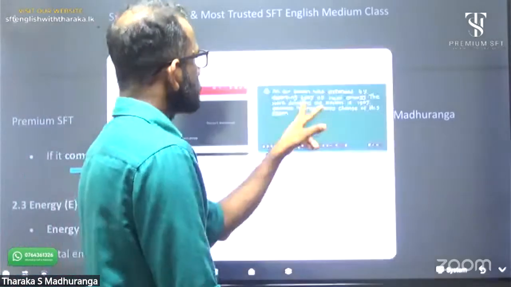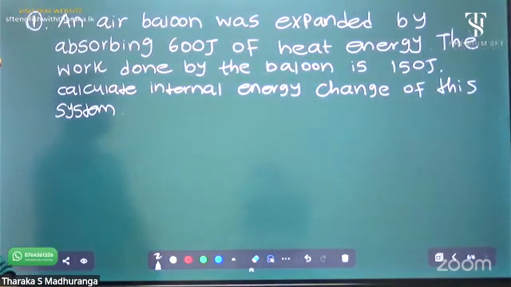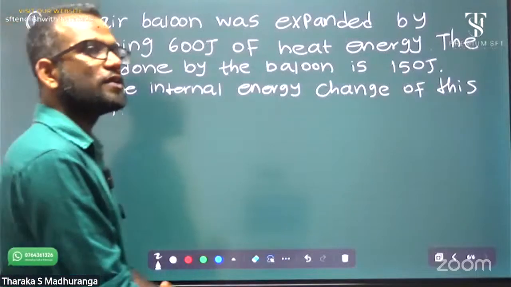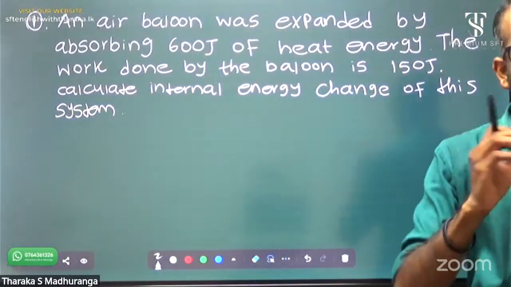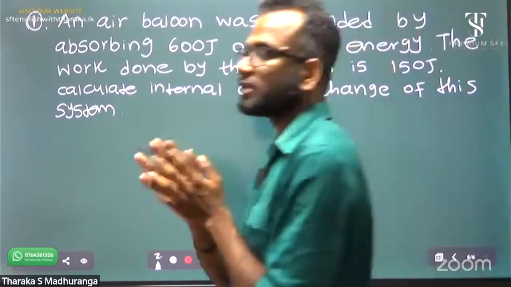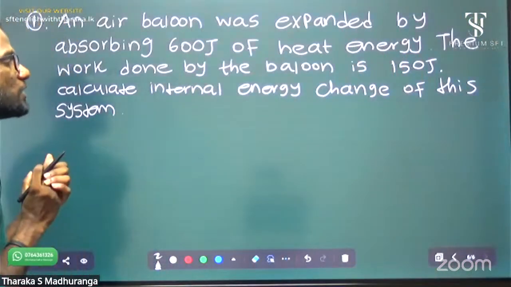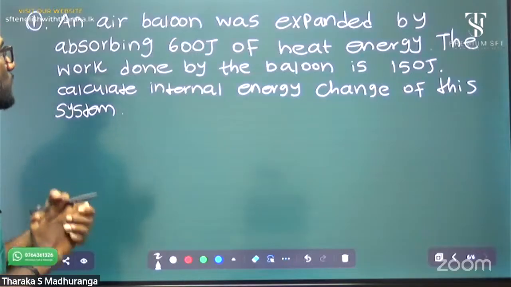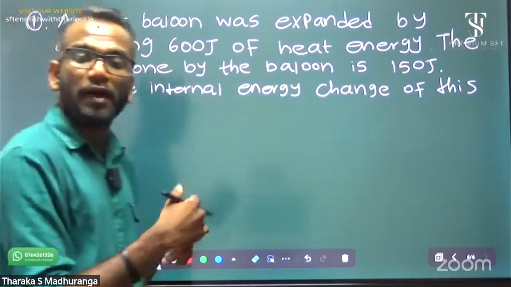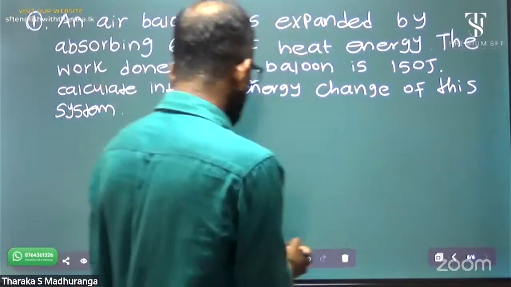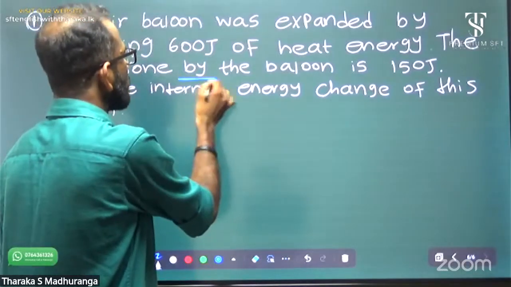Okay. Now in this question, an air balloon was expanded by absorbing 600 joules of heat. You know, for expansion it needs to absorb heat, that you already know, right? It increases molecule spaces, increases molecule vibration and expands. Heat energy, and the work done by the balloon is 150 joules. That's the important thing: work done by the balloon.